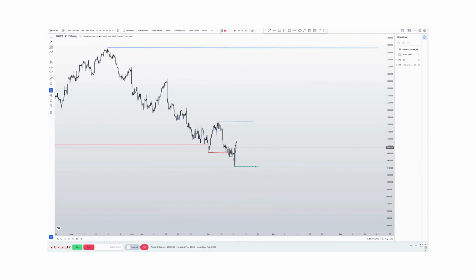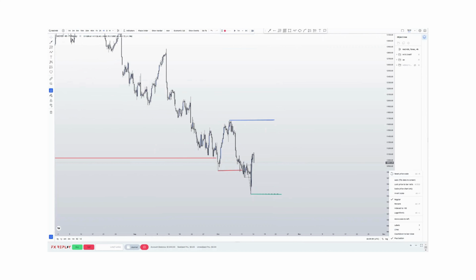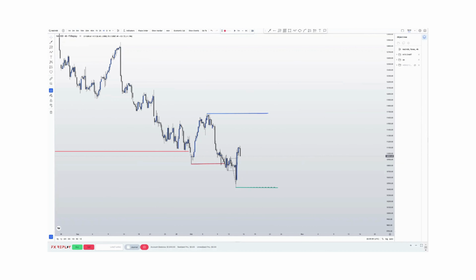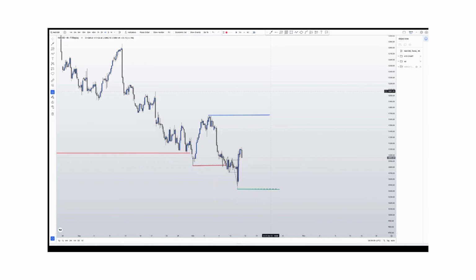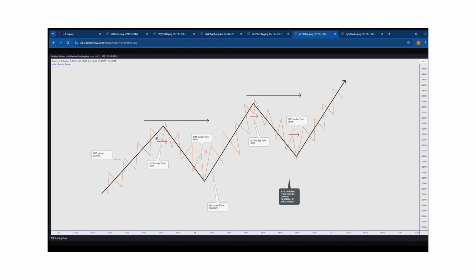So let's play price action forward and see if we get the formation of a weak swing on the M15 under the H4, which will be symbolized by a shift in order flow on the M15. Remember that we have this fractal nature. Whatever happens on the H4 must first happen on the M15.